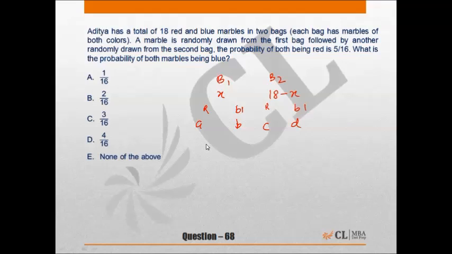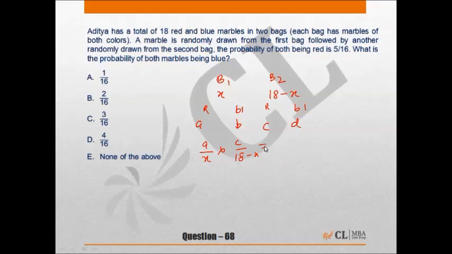Here it is given that the probability of both the marbles drawn, one from each bag, is 5 by 16, which means A by X is the probability of a ball drawn from the first bag being red, and C by 18 minus X is the probability of a ball drawn from bag B2 being red.